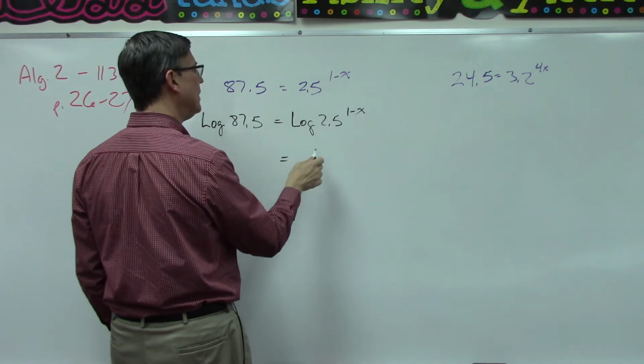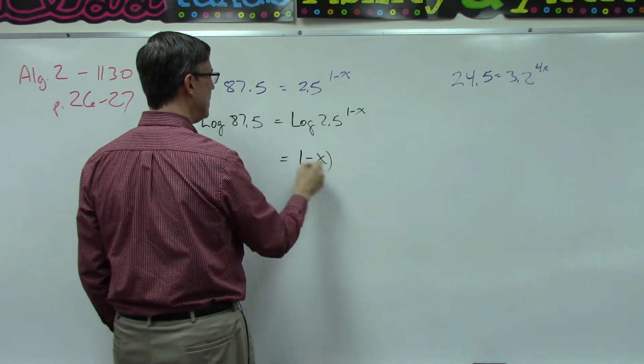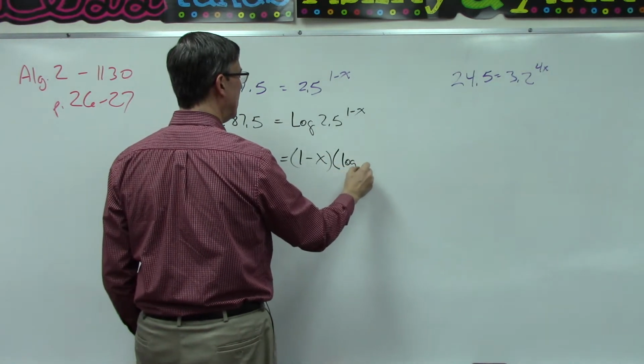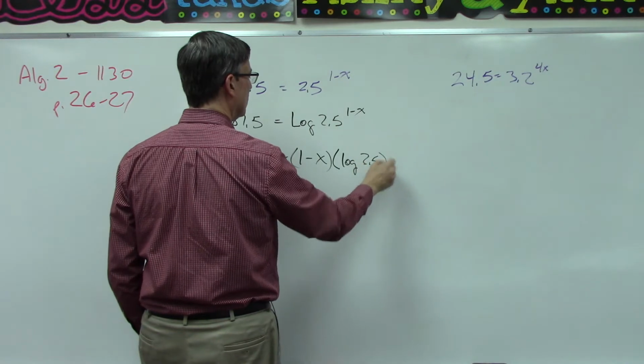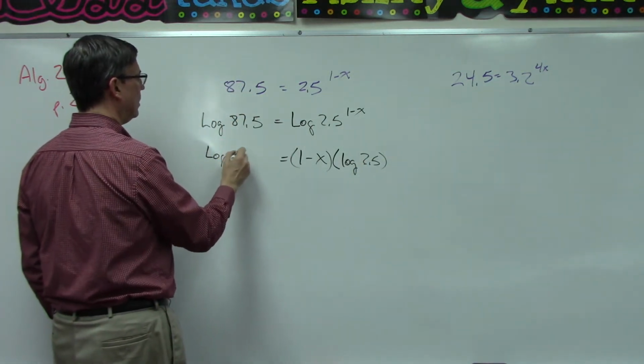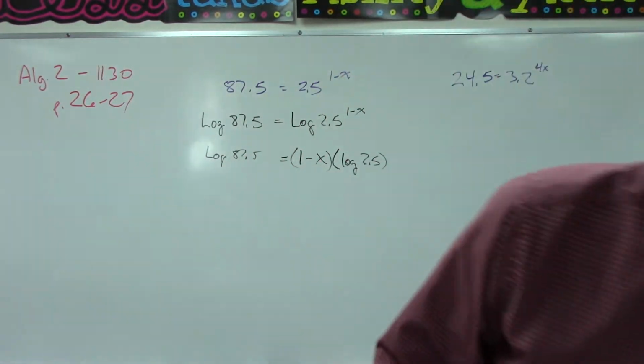So now that we have written this as a log, we're going to take this from out front, 1 minus x, and multiply it times the log of 2.5. And then over here we have the log of 87.5, and I've got to find my calculator.